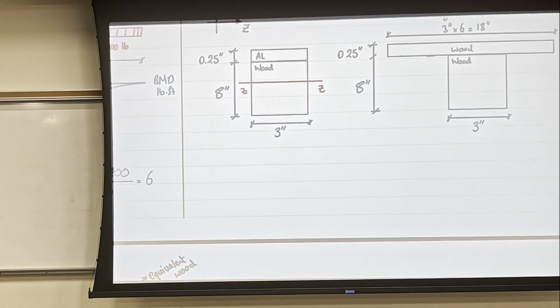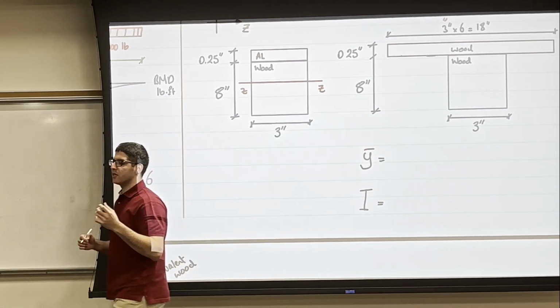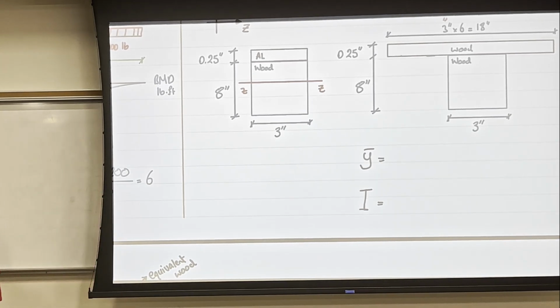So it's important to find the axis of bending, because that's what you calculate the moment of inertia about. I'm going to give the answers here for the centroid and the moment of inertia, and I'm going to have the details in the PDF, because we went through this before, calculating the moment of inertia of the T section. So I don't want to spend time here. The y bar is going to be equal to 4.651 inches, which is this distance.